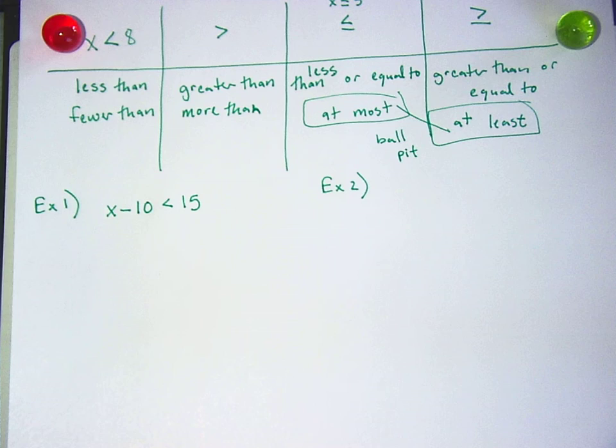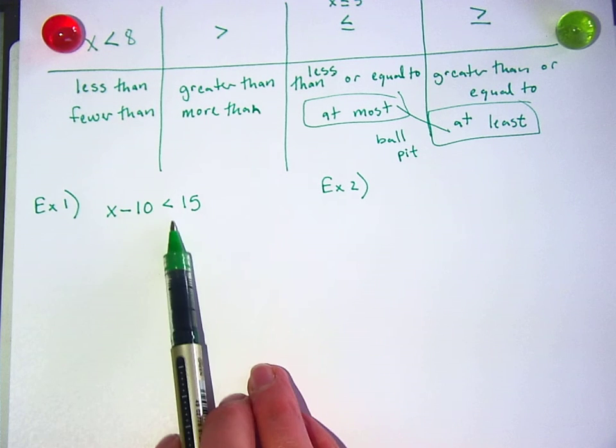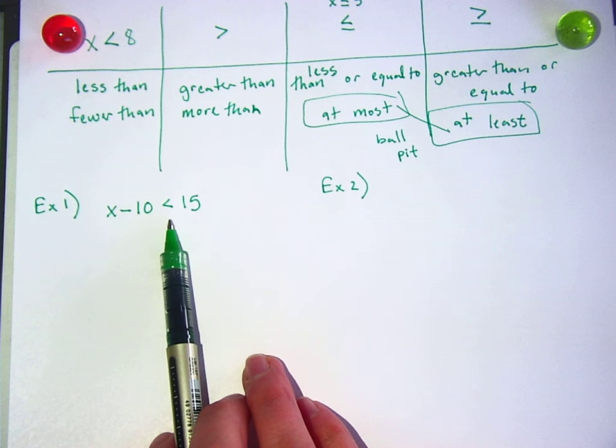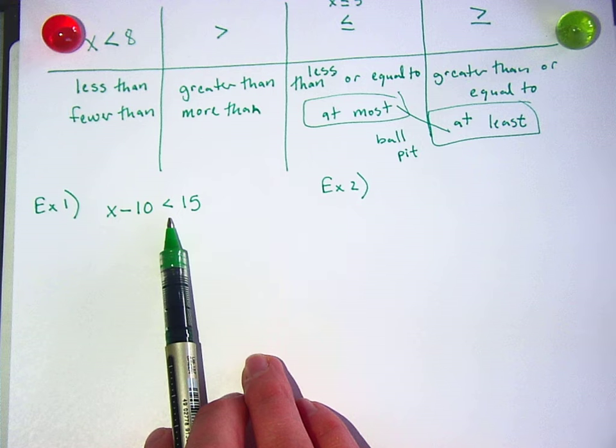Hey guys, make sure, this is your responsibility. You have to make sure of this because it's going to be a really stupid reason to get a whole bunch of problems wrong. Look at your less than sign right now on your own paper. You need to make sure that this kind of stuff doesn't end up looking like 7s when you write it the other way. Do you see how it can easily look like a 7 if you're drawing it weird?